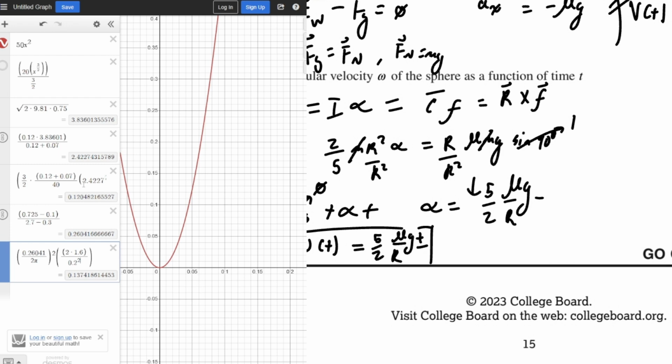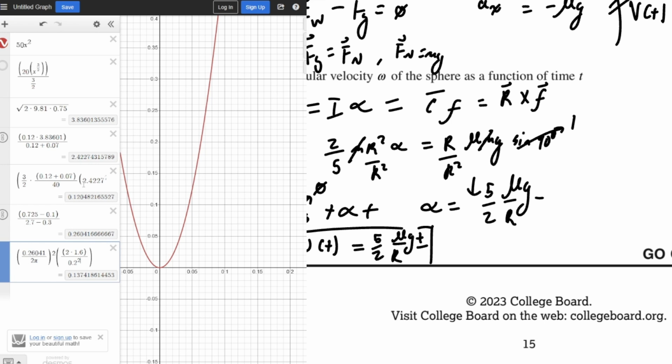The reason for friction not being negative in this instance is because we're going to pick our direction of acceleration to be the positive direction for rotation. So even though friction is applying a clockwise torque, because radius cross force would give us a negative torque, I'm picking that arbitrary direction to be positive.